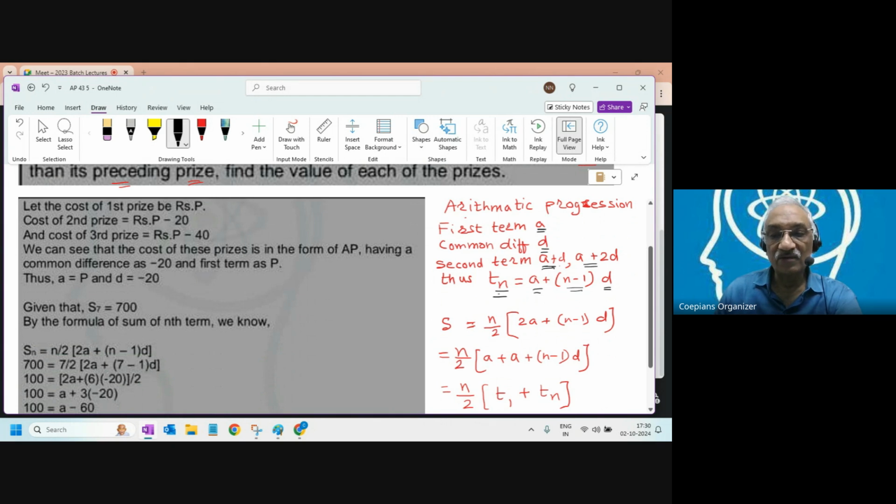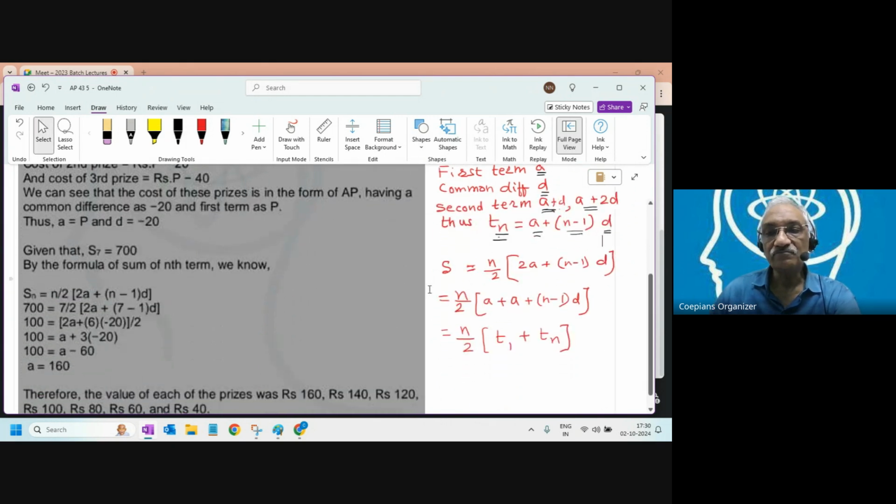There's another formula, the sum of the first n terms: Sn equals n by 2 into 2a plus n minus 1 into d. I can change that formula into another way of representing it: n by 2 into a plus a, splitting the 2a.